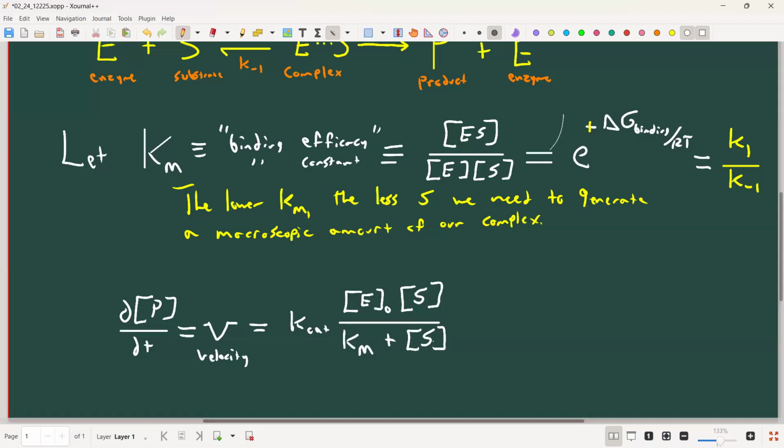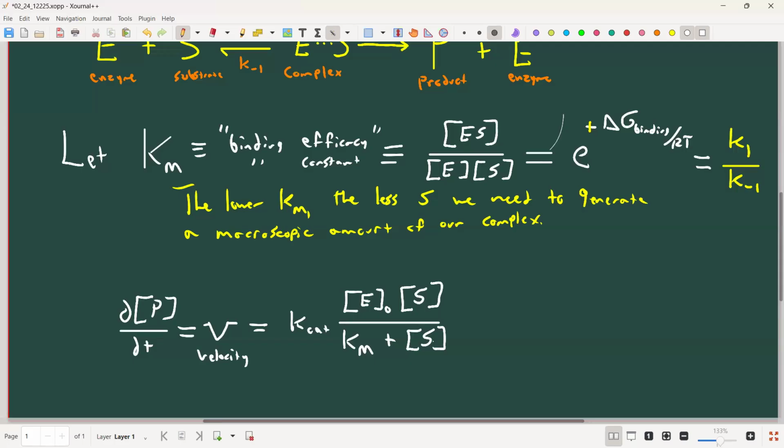So the formation of our product depends on the more enzyme we have or the more substrate we have, up to some limit. The more enzyme we have, the faster it reacts. Just like we said with Walmart, the more registers you have open, the more customers you can process. The purchase rate increases.